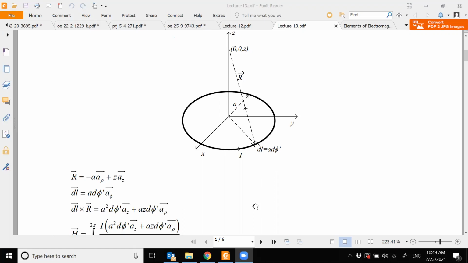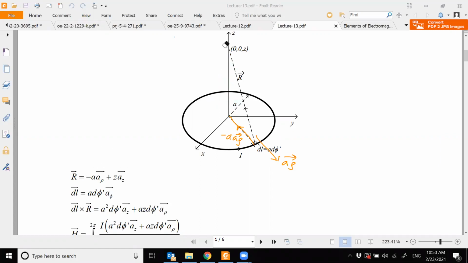First you go in this direction, and then you go in this direction. So this is minus a arho, right? Because we are going in the opposite direction of arho. The arho direction is this. So minus a arho, because this is a, and this is z az in this direction. So it is minus a arho plus z az.